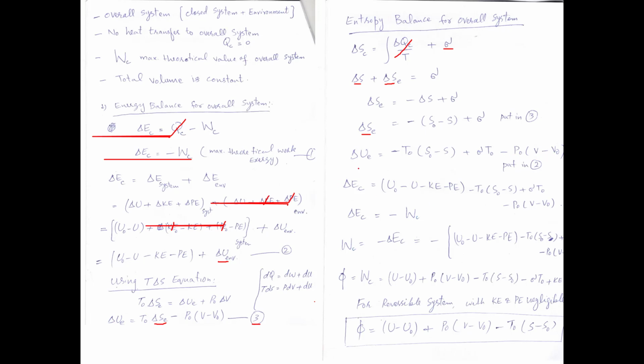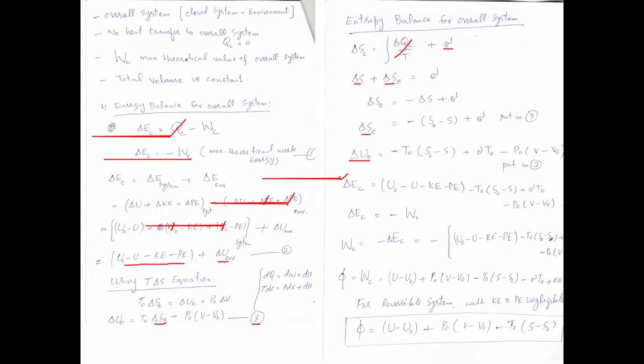So finally, once we have all the terms in equation 2, we have calculated these terms, so finally the change in energy of the overall system would be equal to that equation, and this change in energy of the overall system is equal to exergy.